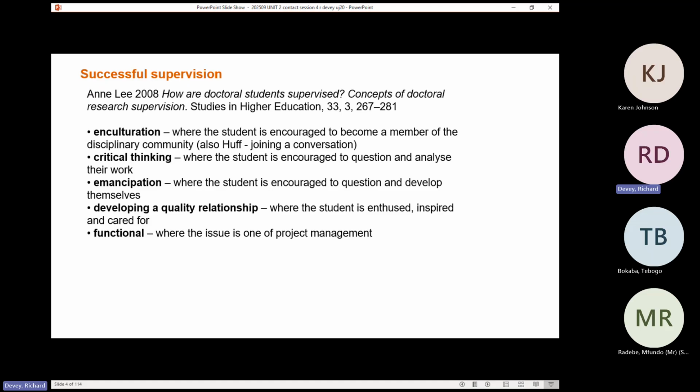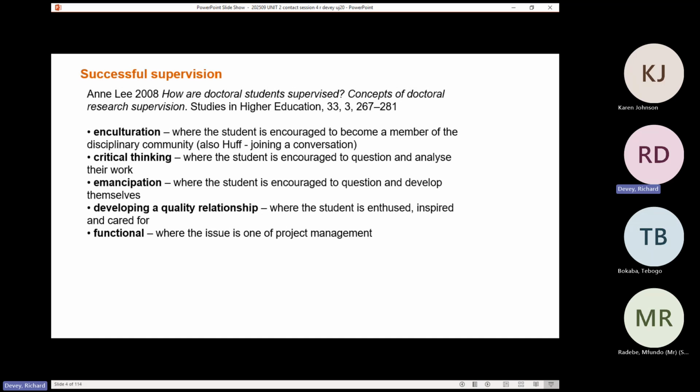The second component is critical thinking, where a student is encouraged to question and analyze their work. And we've all been students ourselves, so you can think about the extent to which we went through this process of enculturation and critical thinking and so on.